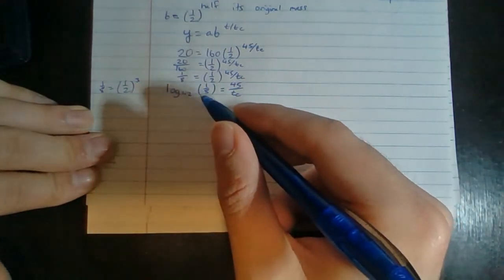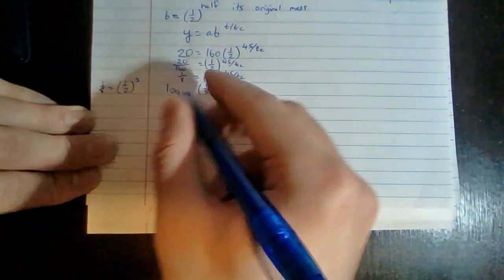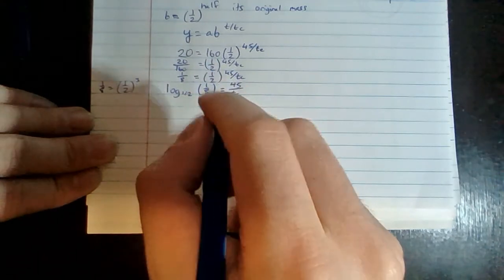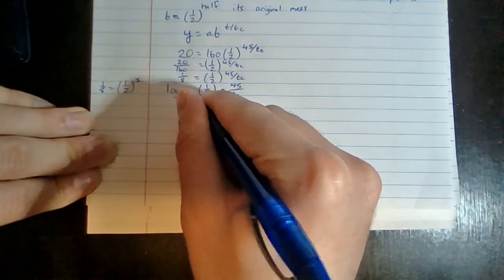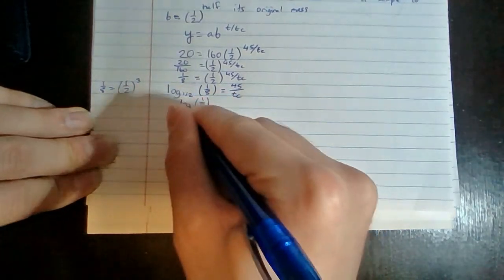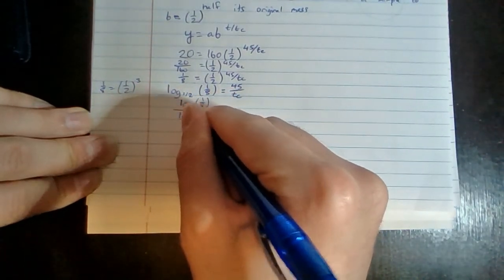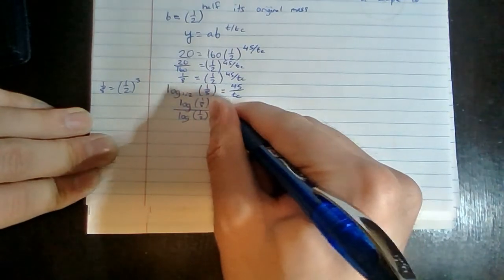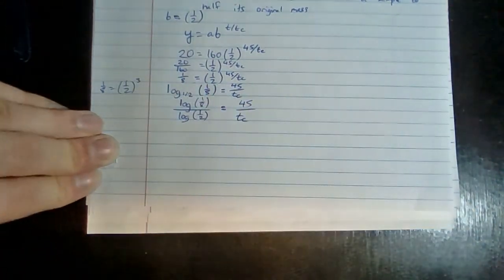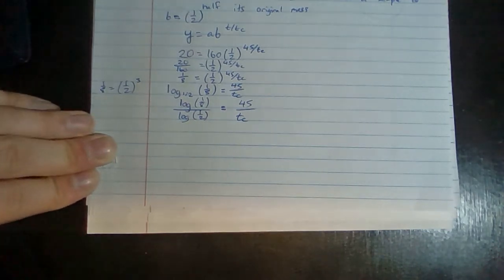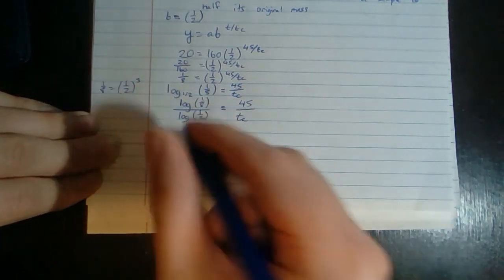Log base 1/2 of 1/8 is log of 1/8 divided by log of 1/2, if we change the base, equals 45 over TC. We can cross multiply.